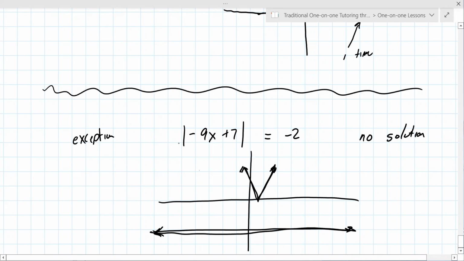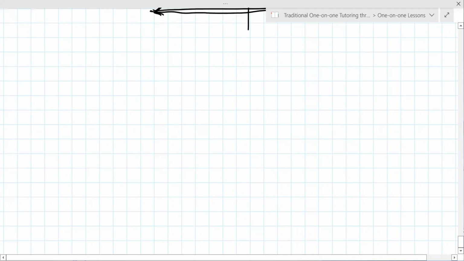So the absolute value has to equal a positive number or 0. And that's the thing to really hold on to from this lesson. Now, you've got to be careful though, because let's say I give you something like this: absolute value 2x minus 5, minus 4 equals -1. You could say, hey, Matthew, there's a negative there, so this has no solution.